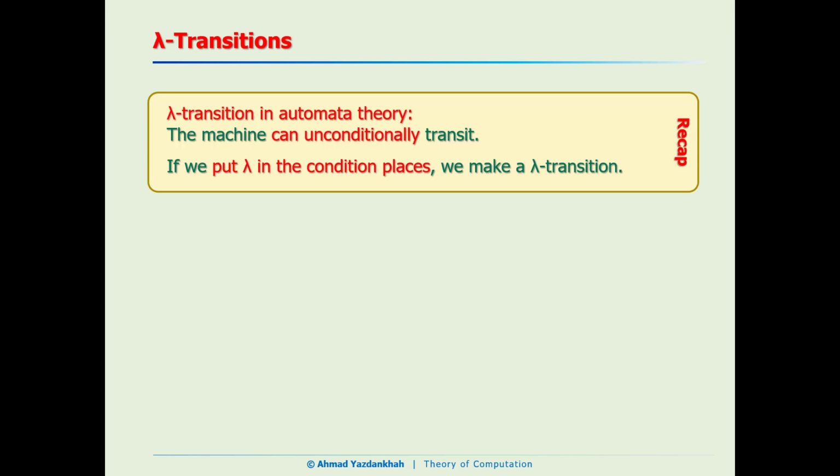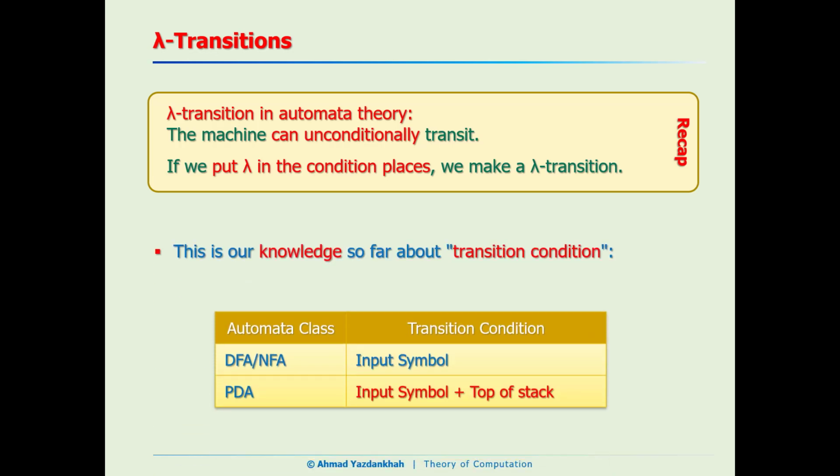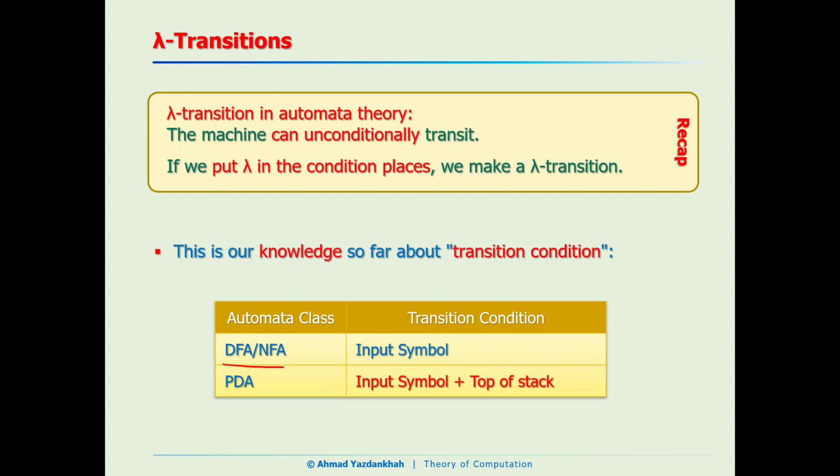How can we do that? Here is what we did in the DFAs and NFAs. We put the input symbol as lambda, but a PDA now has two conditions for transition: the input symbol and also the top of the stack. So we need to put lambda in both of them to make a lambda transition.